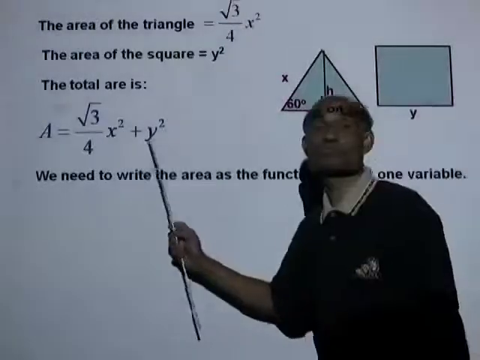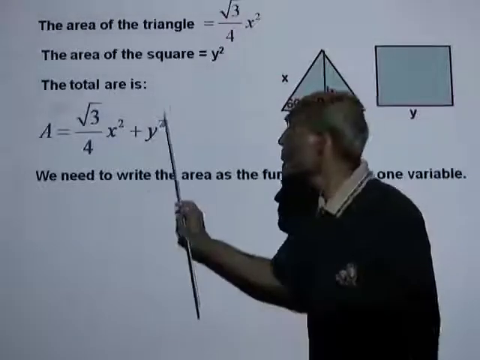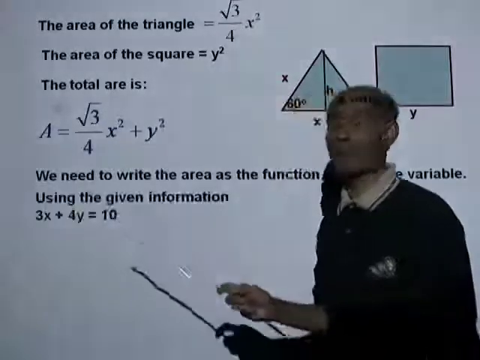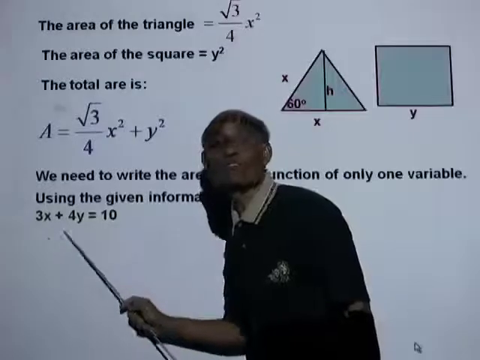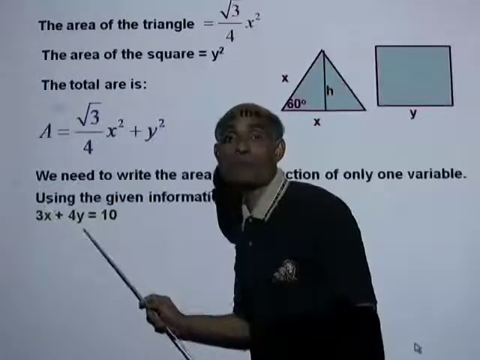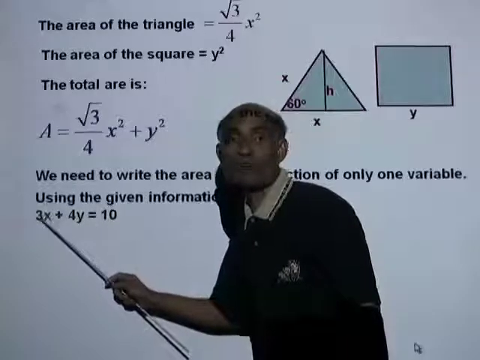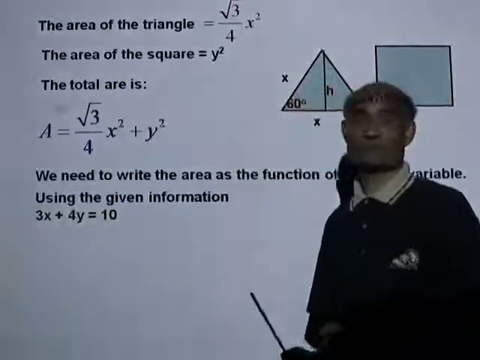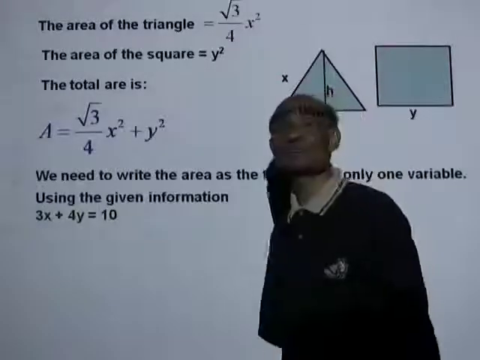We cannot have two variables. That means we need to write this y in terms of x. And this is the given information. The sum of the perimeters of the triangle and the square is 10 meters. So 3x plus 4y equal to 10.